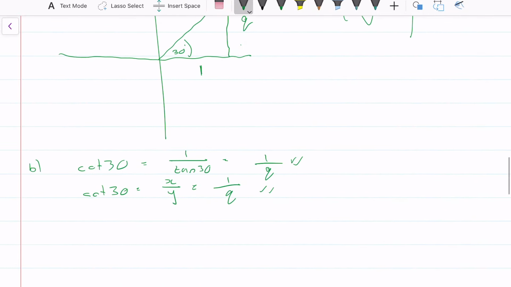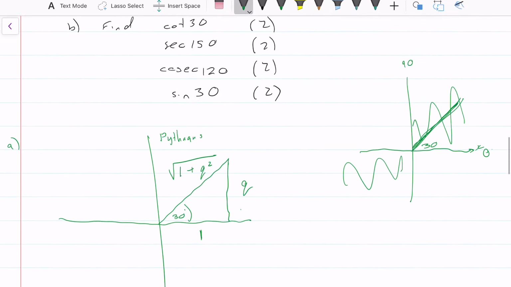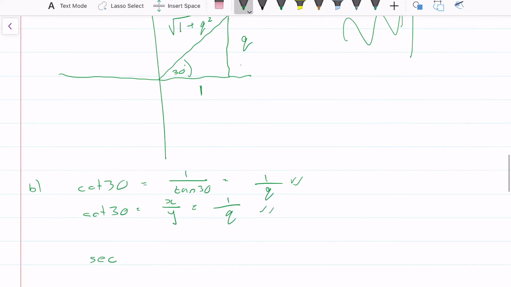Then we have sec 150. One way we could do this is convert it if you wanted to. Let's convert it to 1 over cos of 150. We want this value to become 30 because we're working with 30 in the triangle.